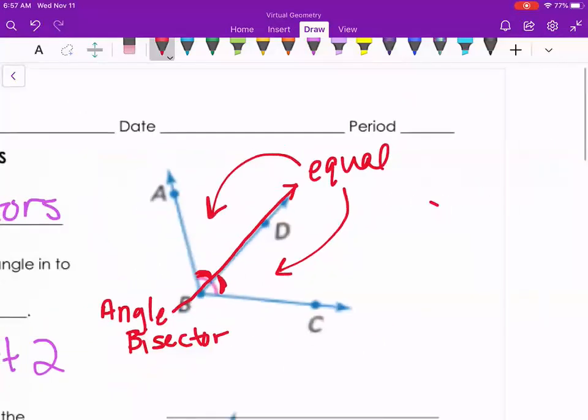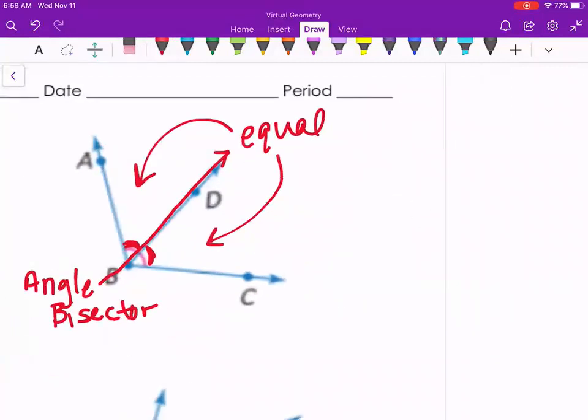So what this means, again, if we go back to the idea of part one equal to part two. So let's say that part one can be our angle that's kind of on top there. So angle ABD. So remember, we start at one arrow, follow it back to the vertex, and then follow it out to the other arrow.